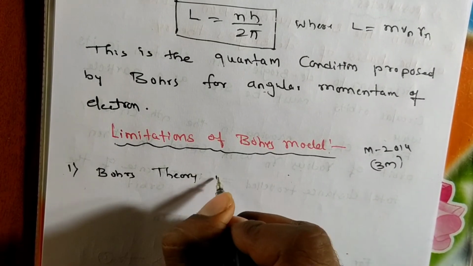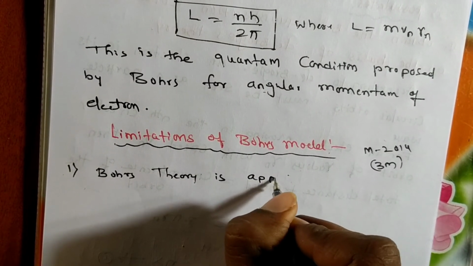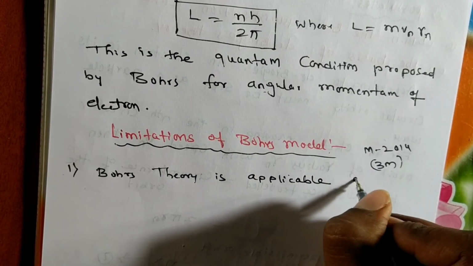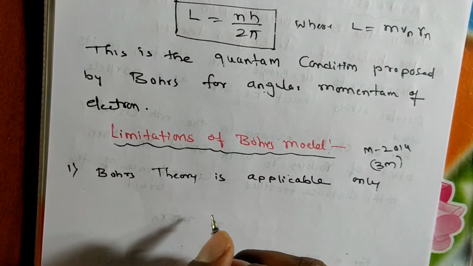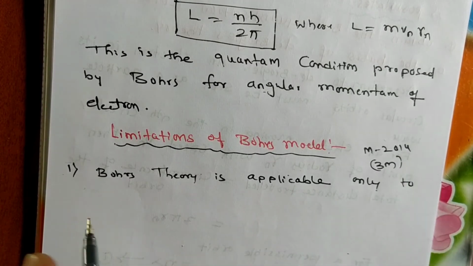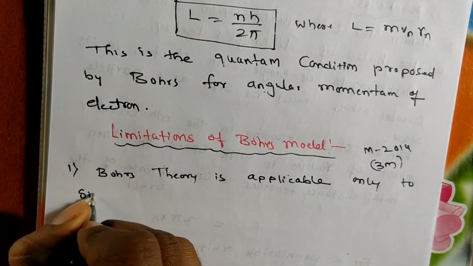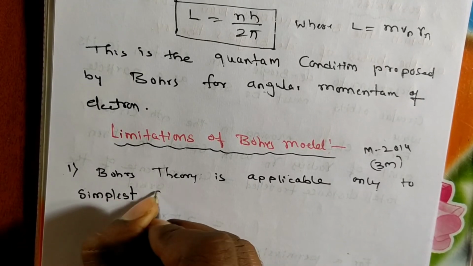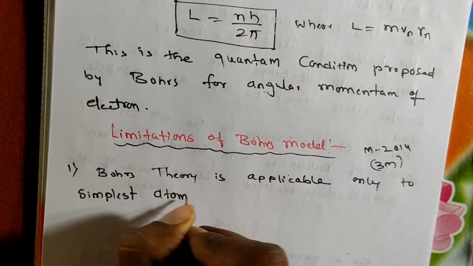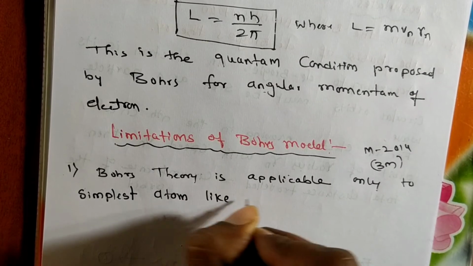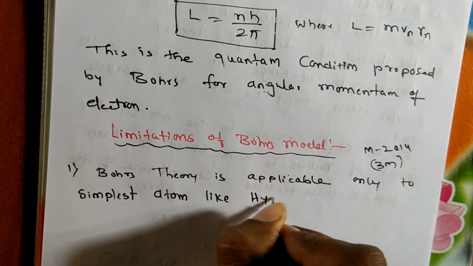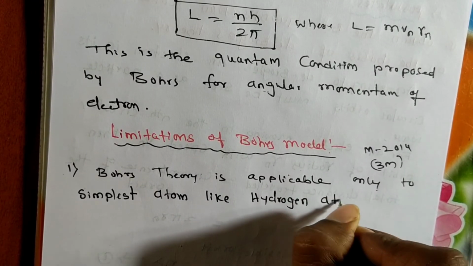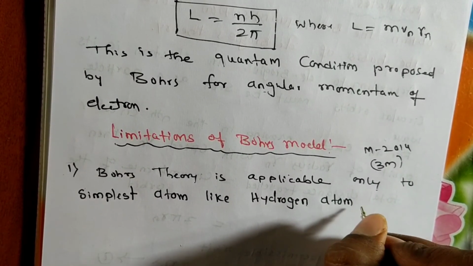Bohr's theory is applicable only to the simplest atom, like the hydrogen atom.